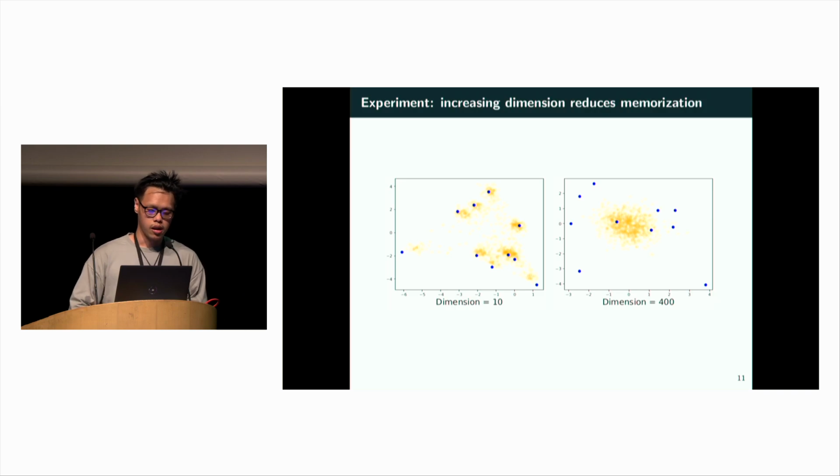As you can see in the plots on the left-hand side, we trained a model in dimension 10, and the orange dots, the generated samples, resemble the training data, which are the blue dots. However, on the right-hand side, where we increase the dimension, the orange dots no longer resemble the blue dots.